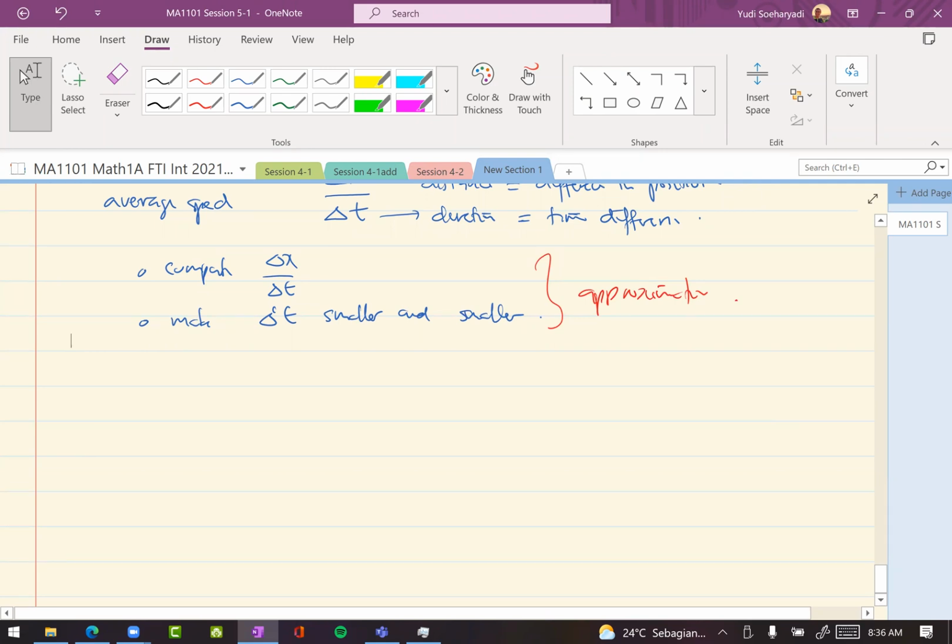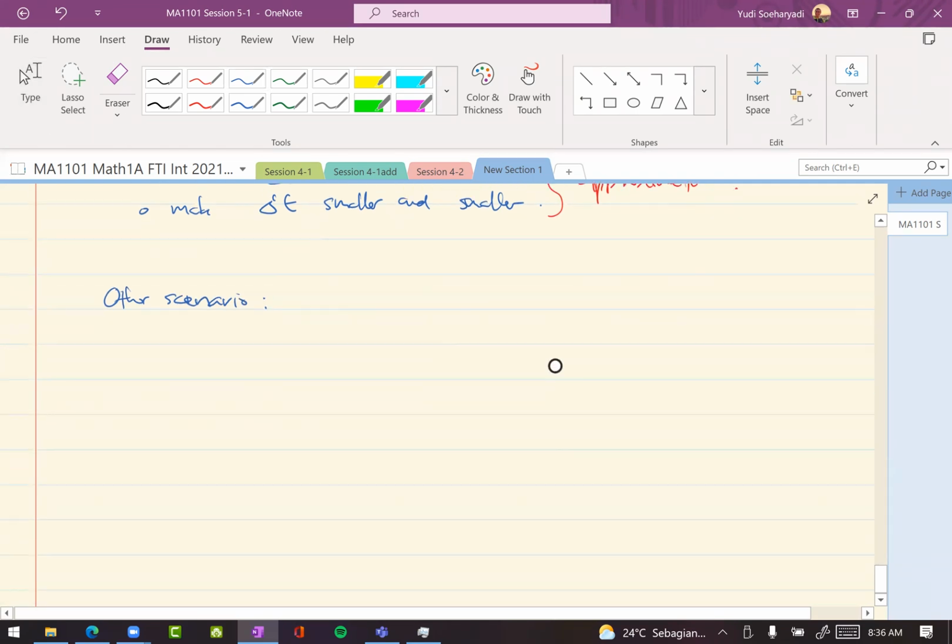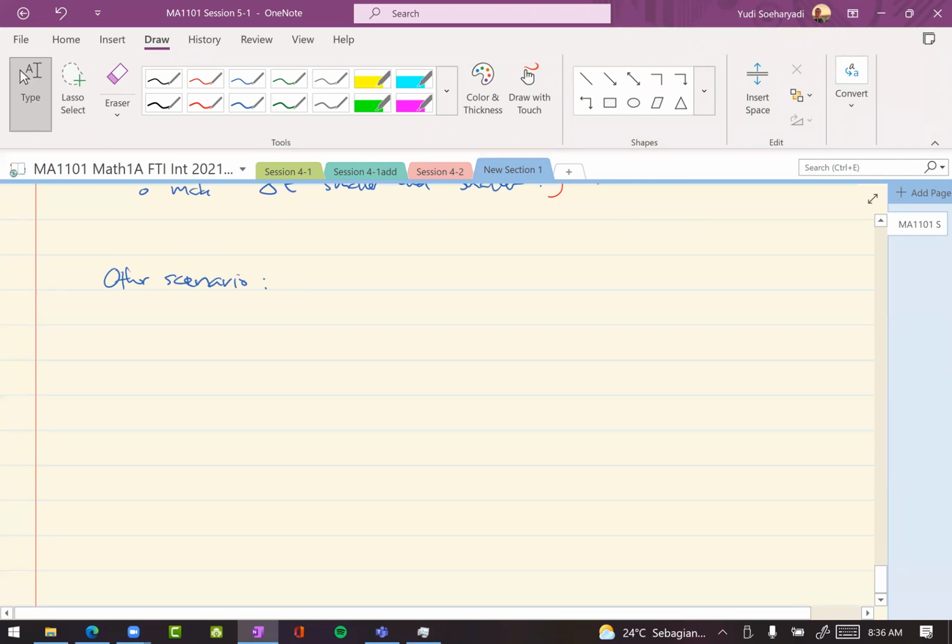Okay. All right, but about what the computation is, let's move to some other scenario. The thing here is, how do you compute a tangent line?